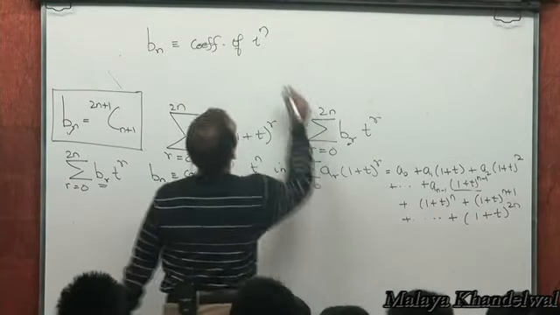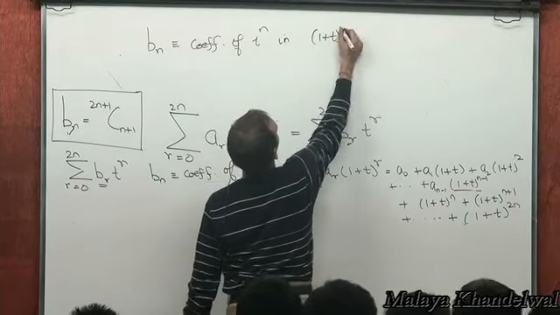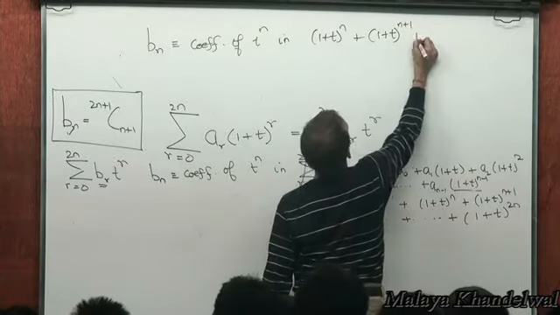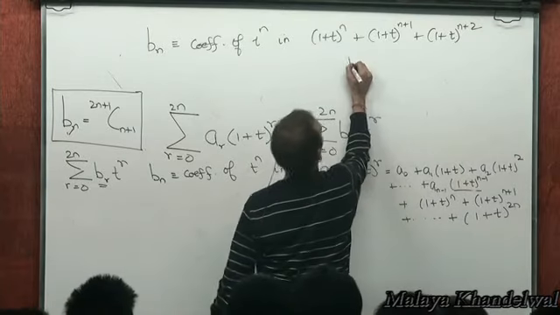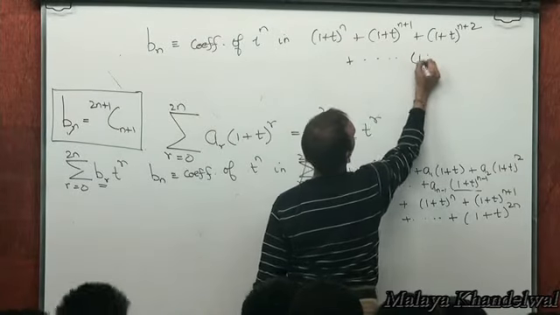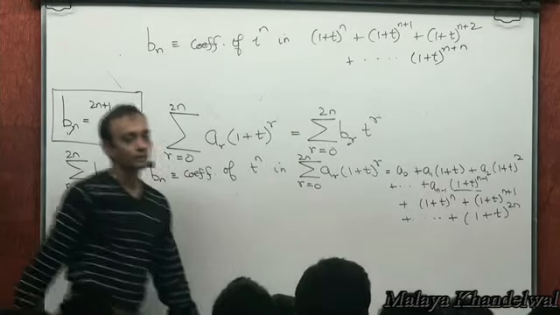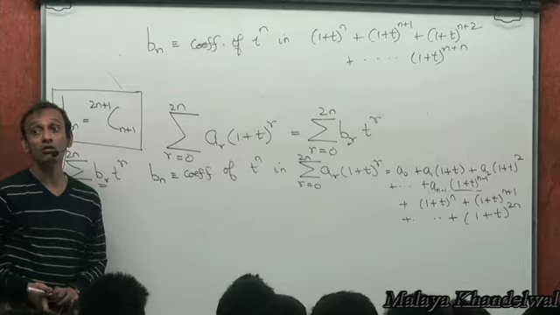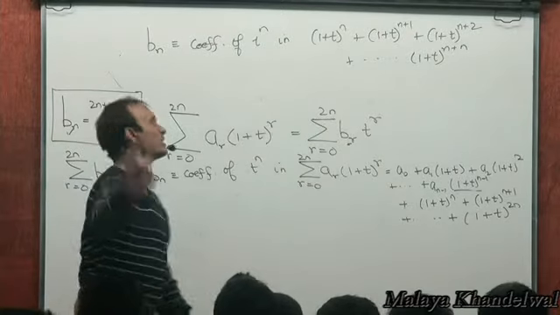You know? t to the power n in (1 plus t) to the power n, n plus 1, n plus n. What is this? A GP series with common ratio 1 plus t, number of terms n plus 1. Perfect.